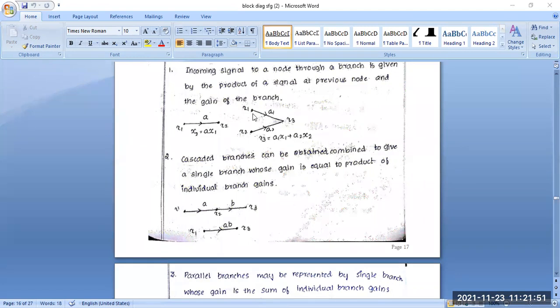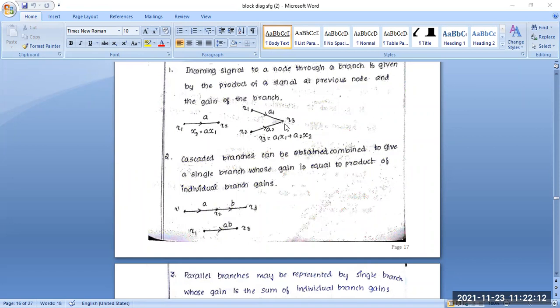These two branches connect the two nodes at one single point. This point is also called a transmittance, and x3 is the output node or output sink. Is it clear, all of you?